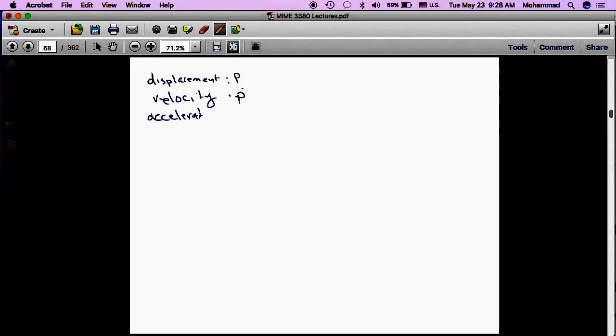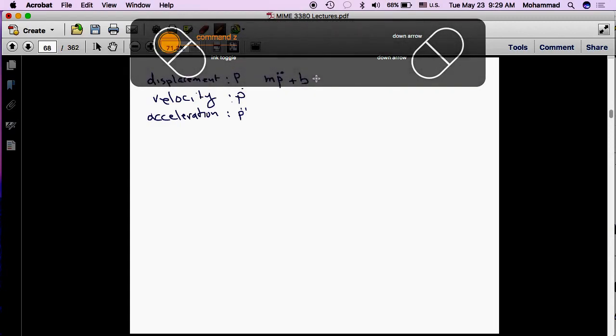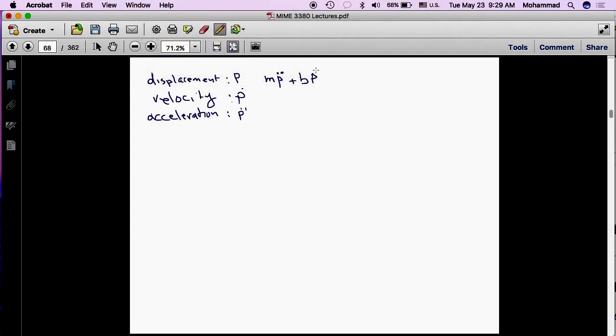So what I will have as a result is m p double dot plus b p dot plus k p is equal to f of t.